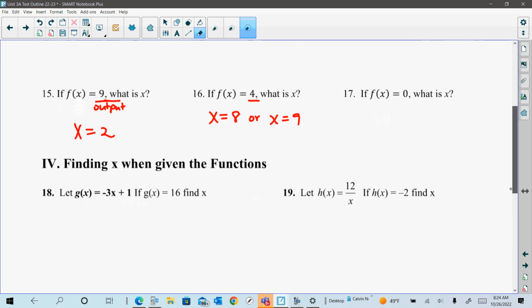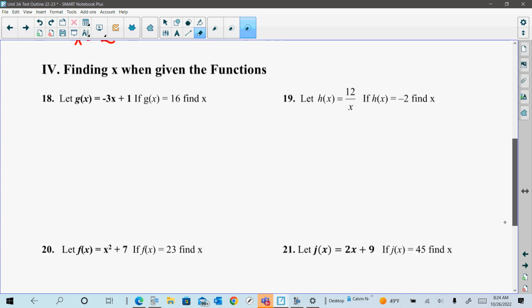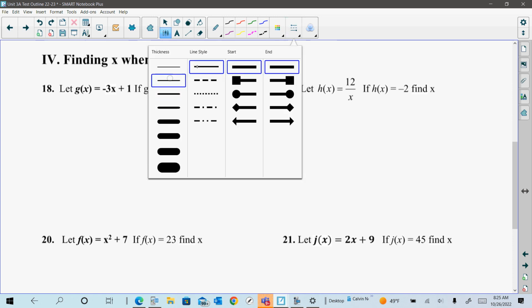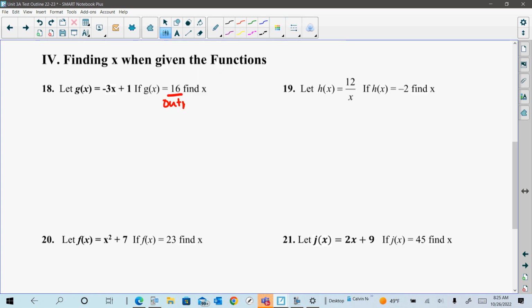then you're going to have to find the x when given the function. For section 4, you have to think of it as working backwards. Remember, this g of x equals 16. This represents the output. So now I can take this output and plug it into this g of x here.